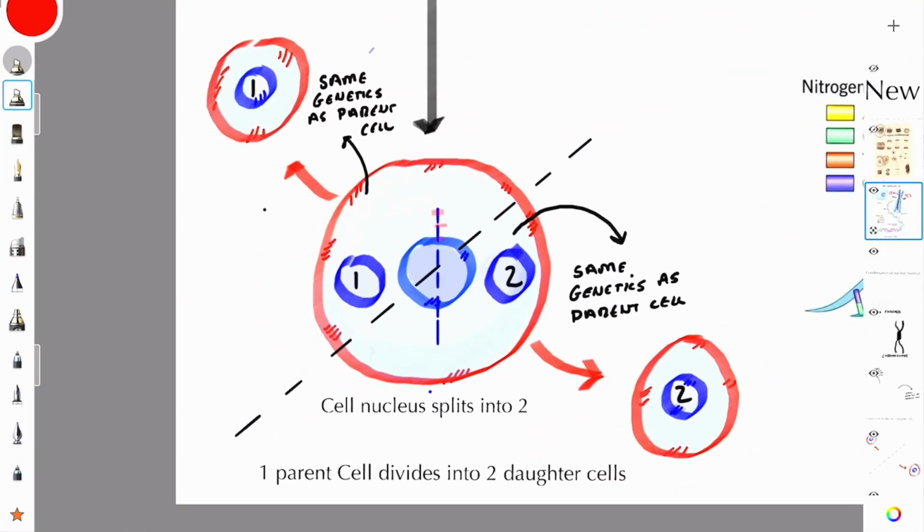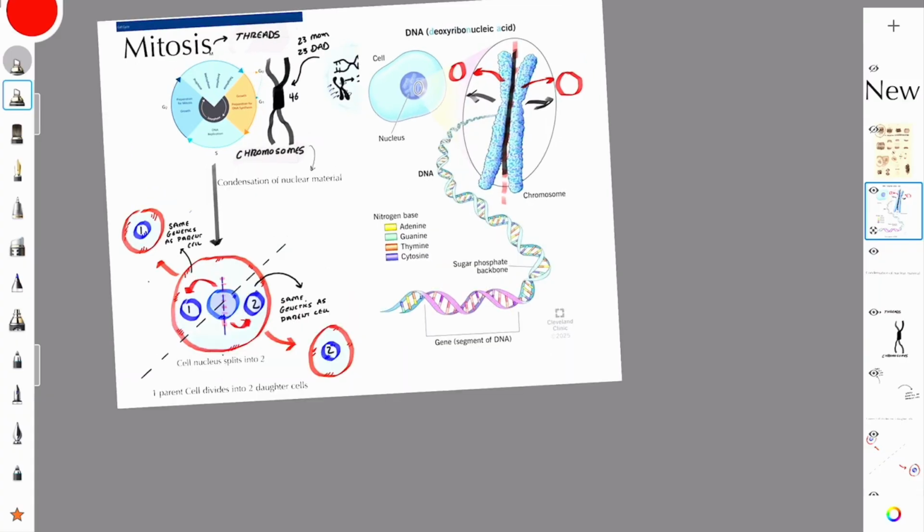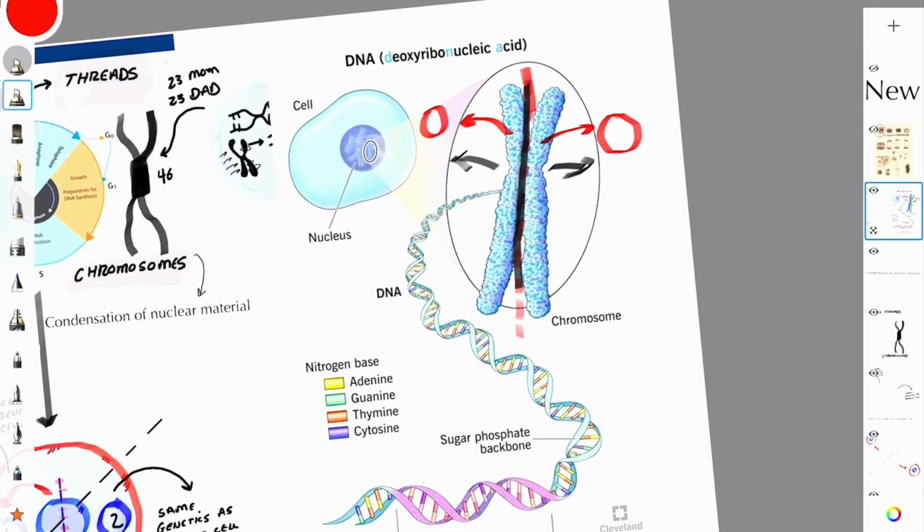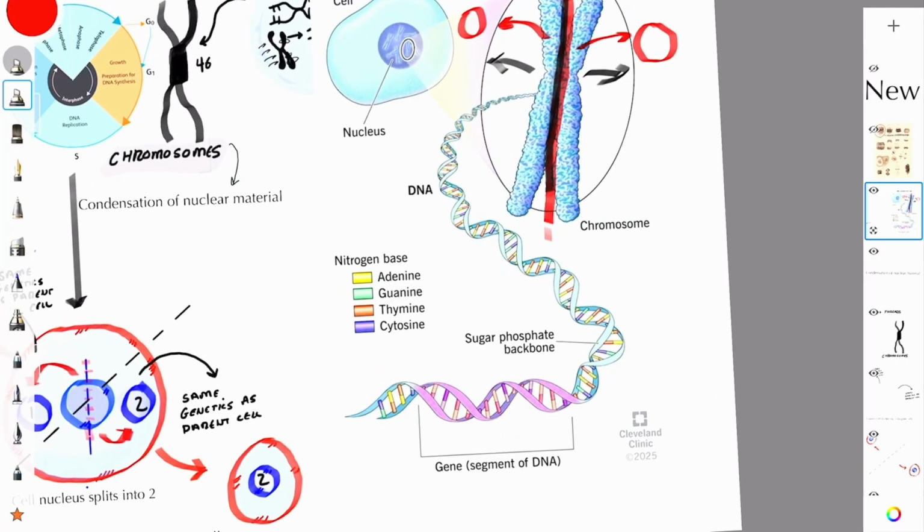We have to split it in half. We have to send half of the genetic information here, half of the genetic information there, and we split this X all straight across this line here, which means that some of the DNA will go into one new nucleus, and then some of the DNA will go into this other nucleus, right?